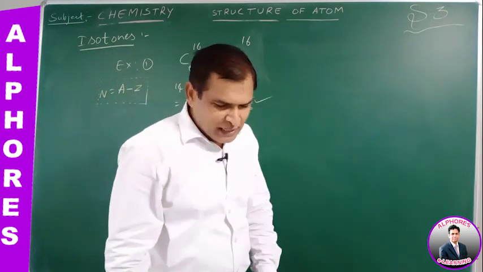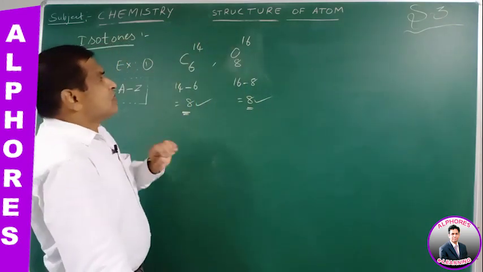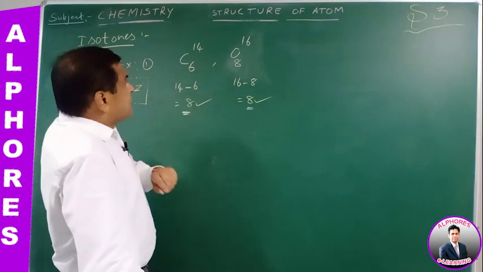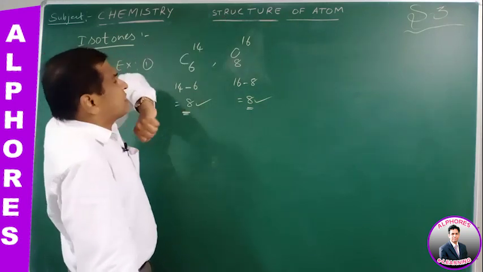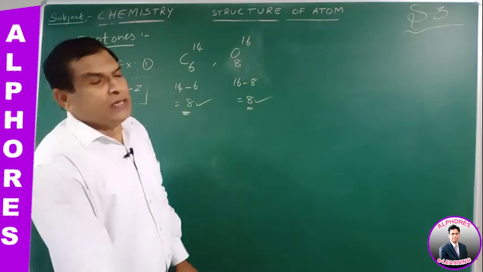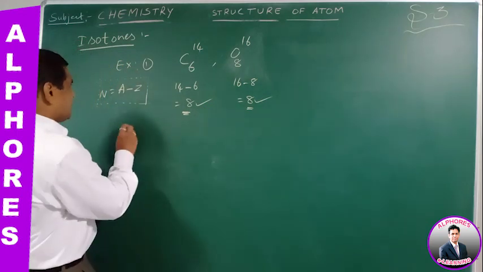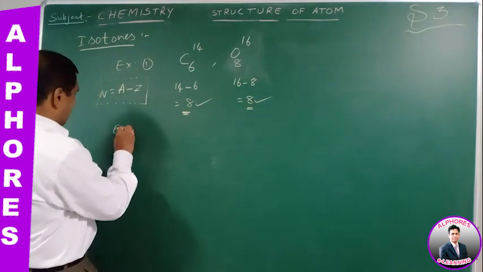What are isotones again? Atoms of different elements having different atomic numbers and different mass numbers but containing the same number of neutrons are called isotones. Let us work out a second example.